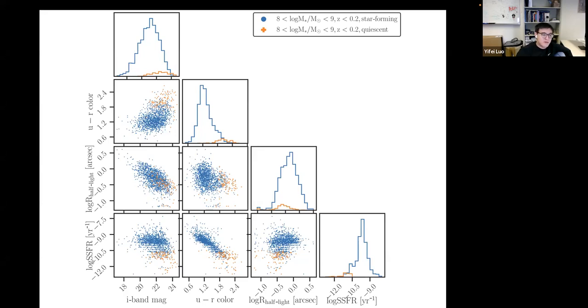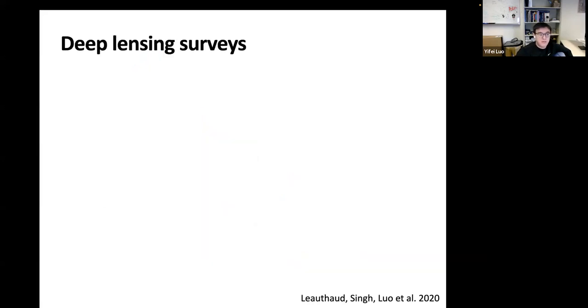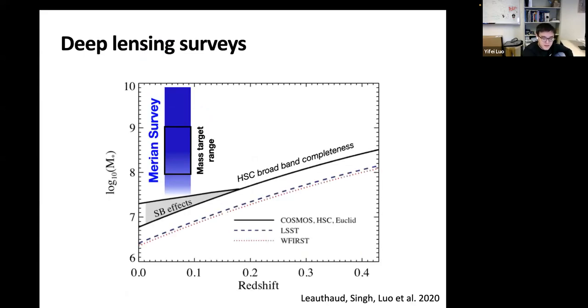So now, if we want to build a really large sample of those kinds of dwarf galaxies, what can we do, or what kind of telescope or survey do we want? That's a question about whether there's an existing deep survey to do lensing for those dwarf galaxies. So this is a completeness figure from a previous paper we wrote in 2020.